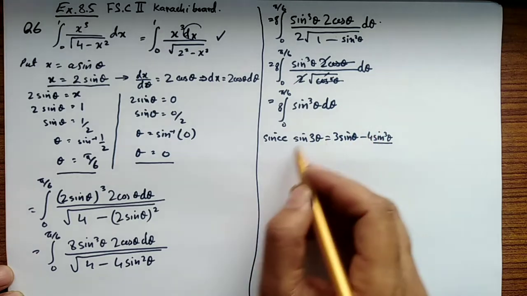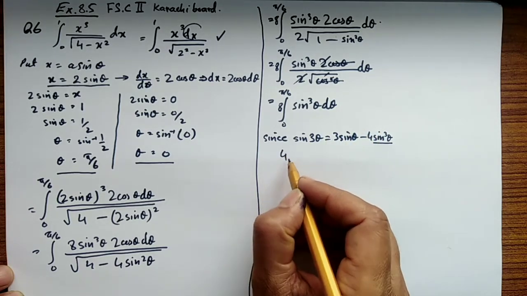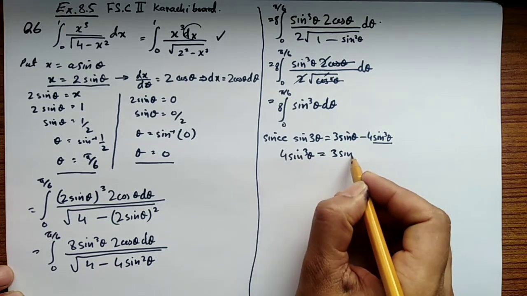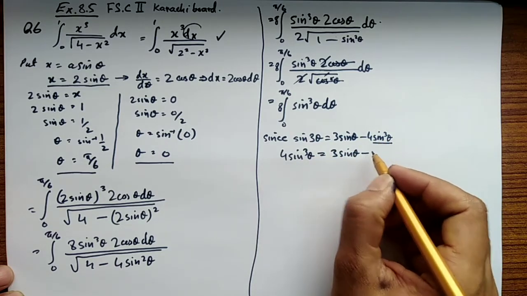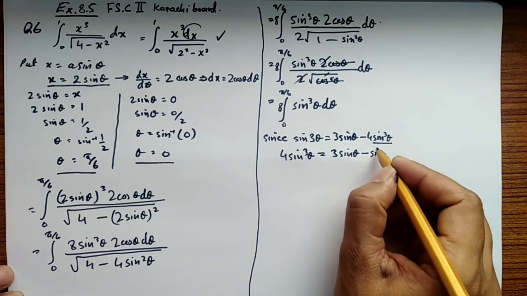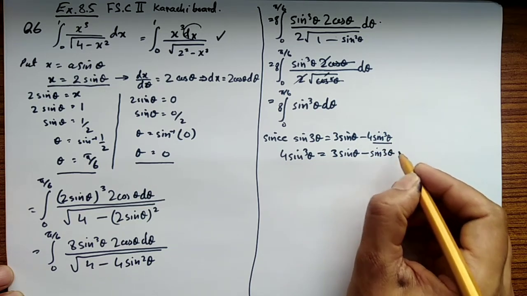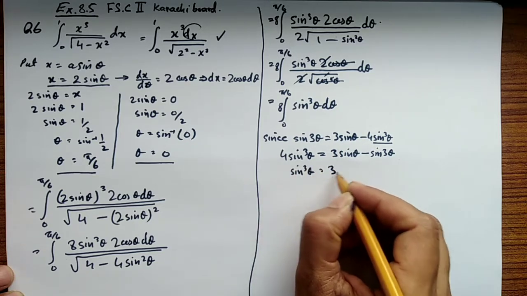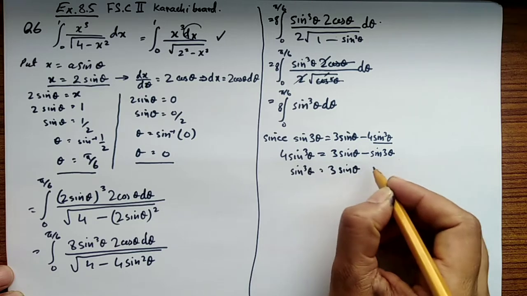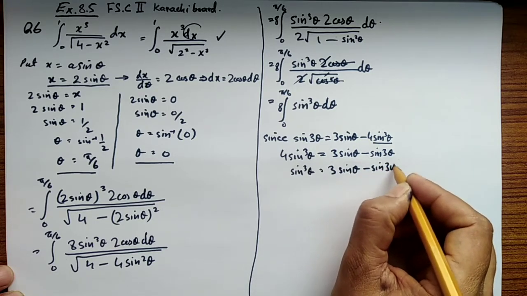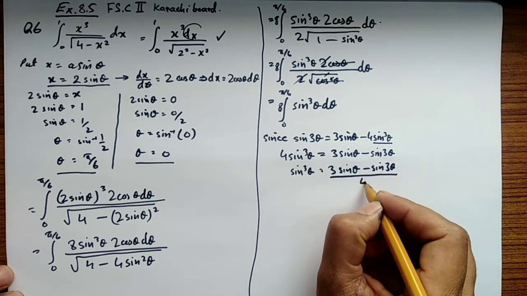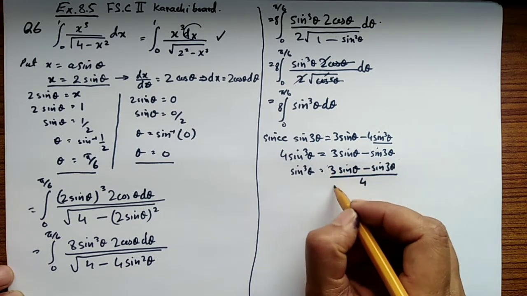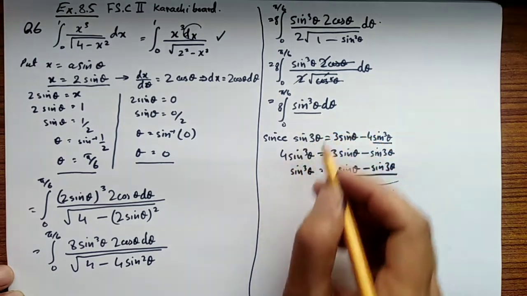I'm going to shift this to the left hand side. That will be 4 sine cube of theta is equal to 3 sine theta minus sine of 3 theta. Sine cube of theta is equal to 3 sine theta minus sine 3 theta, whole divided by 4. So I'm going to replace this identity in place of sine cube of theta.